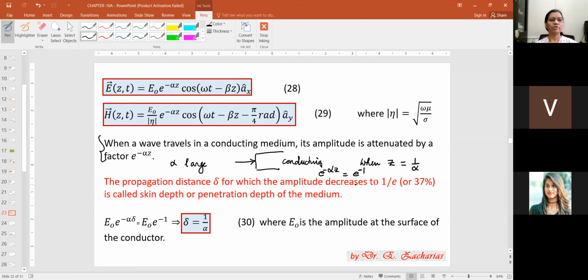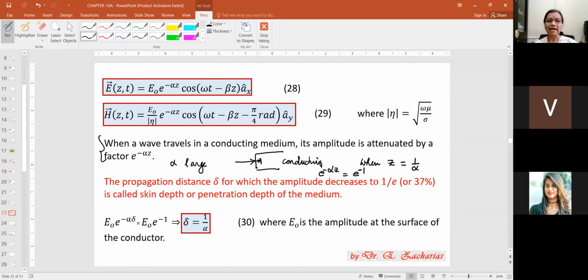When a wave enters the conductor, it will only be able to enter a small distance, and once it enters that small distance, it will get attenuated to 1 by e times the initial value at the surface. That means attenuation happens very quickly.